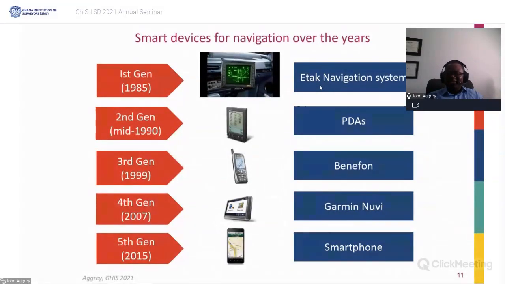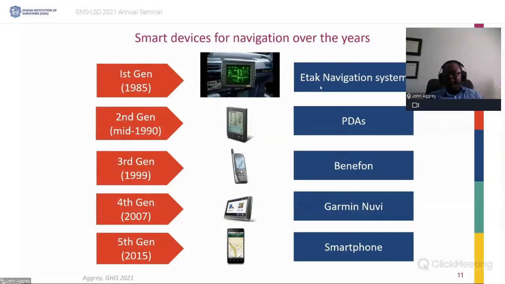That's a luxury car, and it's still a luxury car, I think, right now. But they developed the first navigation system called the ETAC, and it was used in such cars. The second generation of these devices was the PDAs, the personal digital assistants. I'm sure most of us are familiar with that because we still use it for most of the work that we do. But those were the PDAs.